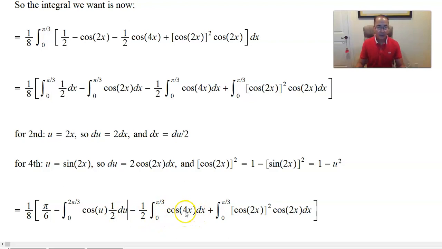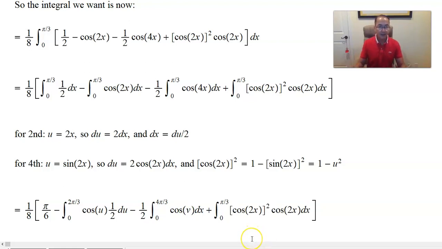Similarly for cosine 4x, okay, so I did not have a separate line there, so let's do it mentally. Okay, u is now 4x, so pi over 3 becomes 4 pi over 3. We're going around the circle. Cosine 4x now becomes cosine, let's call it v, because it's a different substitution.